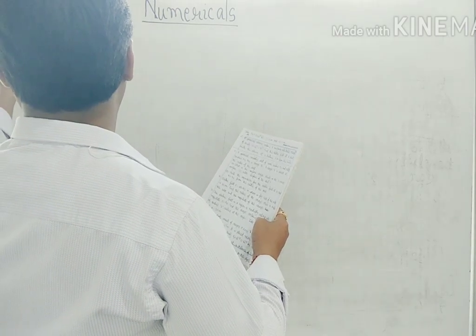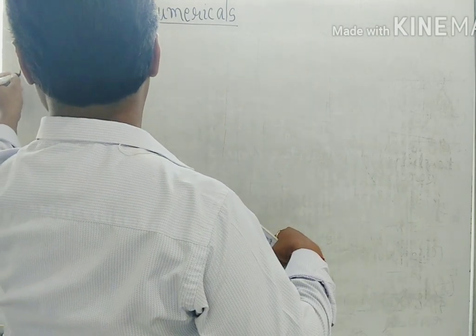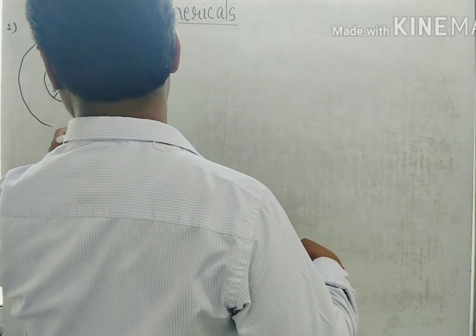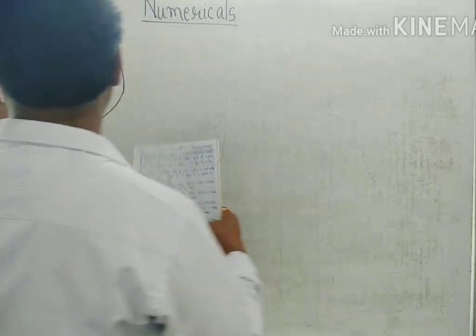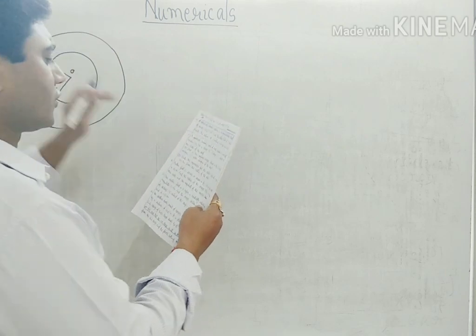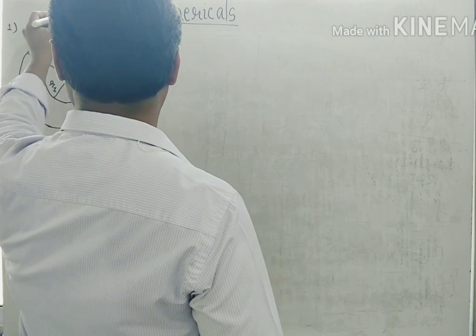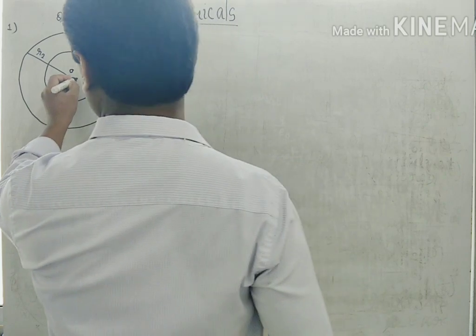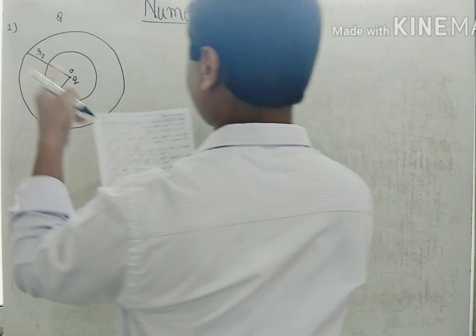Now the outer surface I must have the radius equal to R2. This is the outer surface given in the question. Now, the Q charges are already there on the outer surface and small q charge is placed at the center of this shell. This is what the question is telling us.